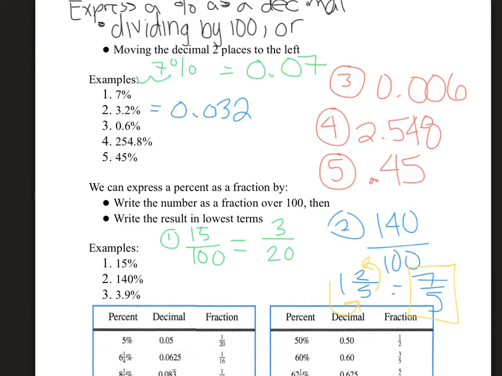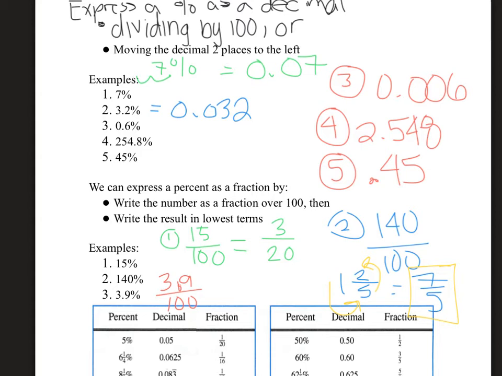Okay, taking a look at number 3, we have 3.9%, and we want to write it as a fraction. So if you look at it, that would be 3.9 over 100. But if you try to put this in your calculator, it's not going to like this mixture of a decimal and a fraction. So you could do the actual division in your calculator.